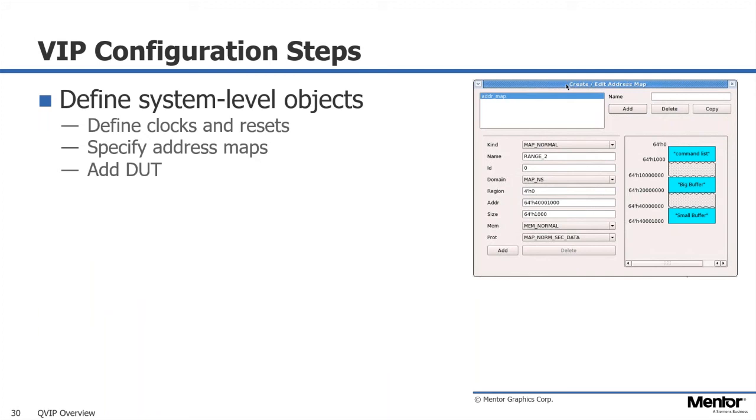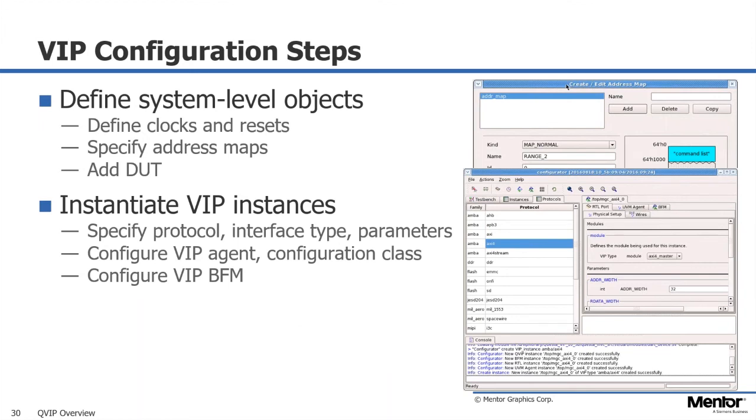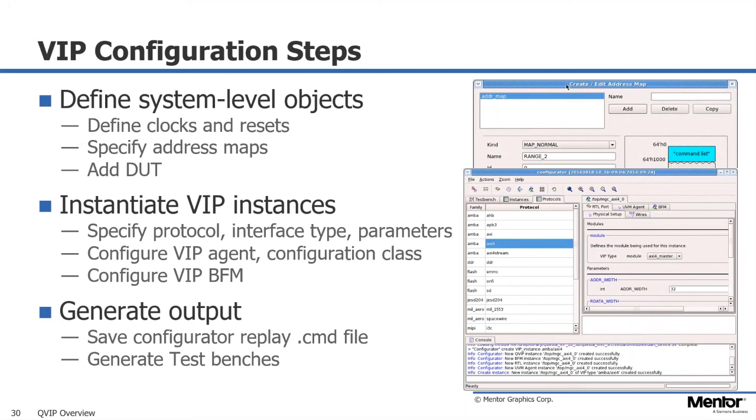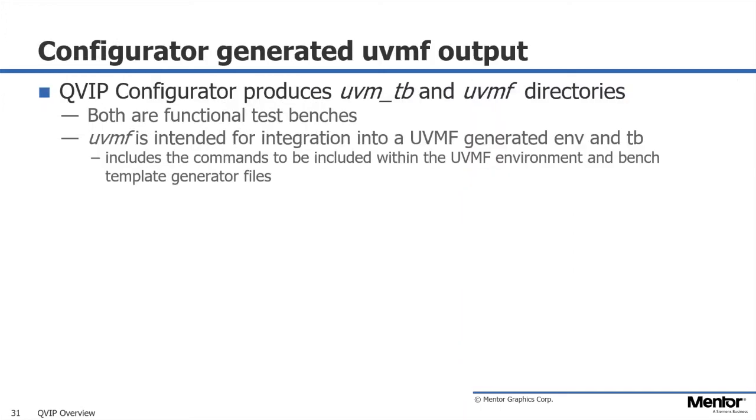You might need to put in, with the memory map, where does this piece of VIP live in the memory? As I said before, I'm configuring width and is it a slave or a master? Is it acting for, etc. You then output all that code.